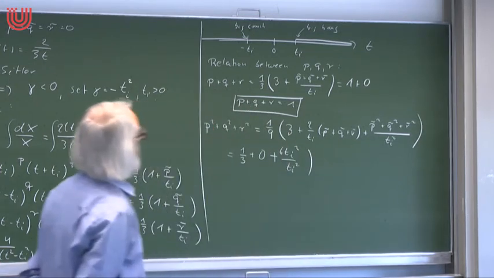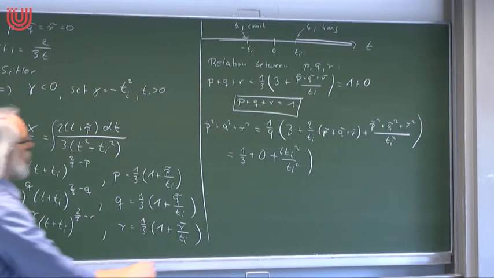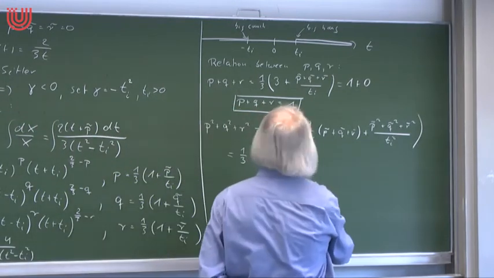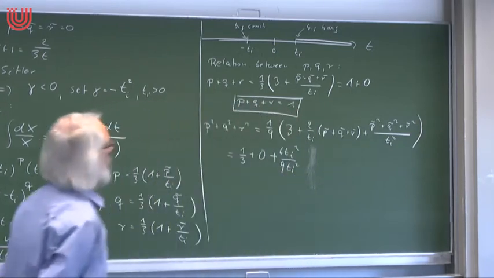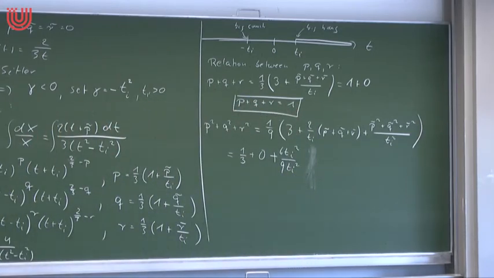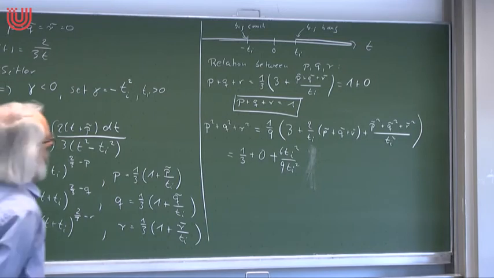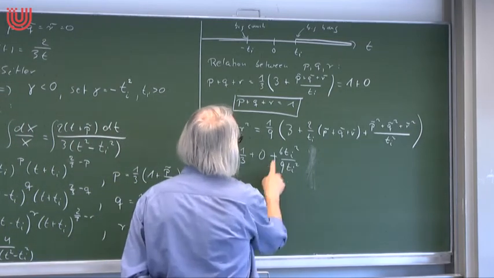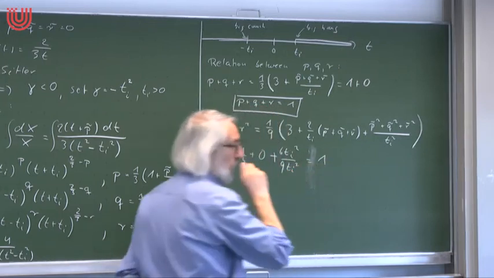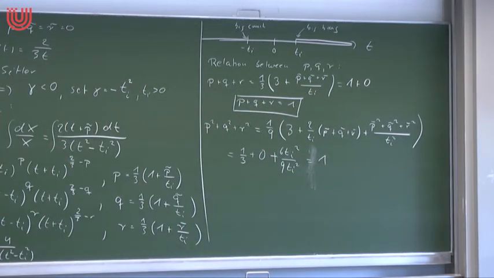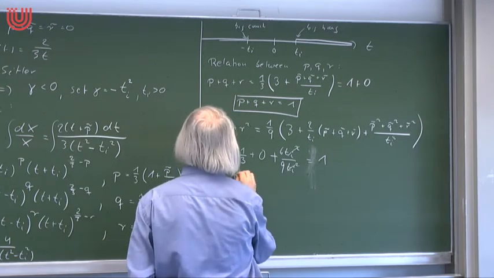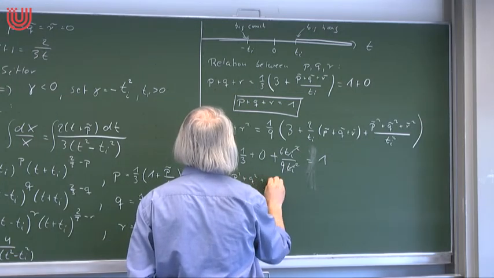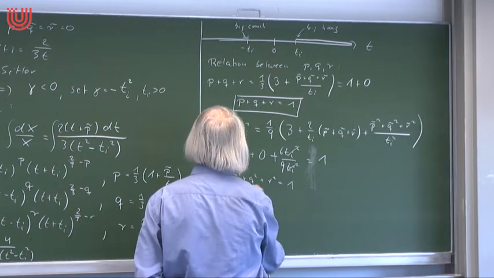So it's plus 6Ti squared over Ti squared, with a 9 in the denominator. Okay? So this is 1/3 plus 2/3. This is 1. Yeah? Ti squared, of course, cancels. So I have P squared plus Q squared plus R squared is 1.